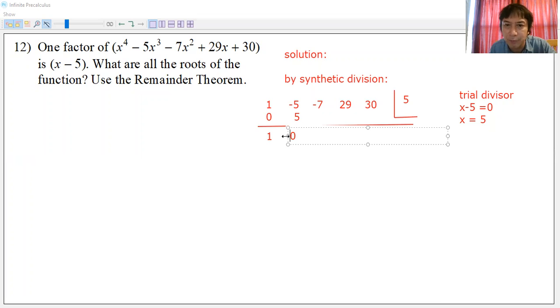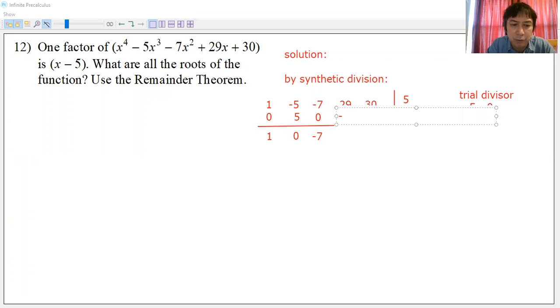Next product is between 0 and 5, which results to a 0. And then next sum is negative 7 and 0 results to a negative 7. Next product is negative 35 to be written below the 29. So that's a negative 35.